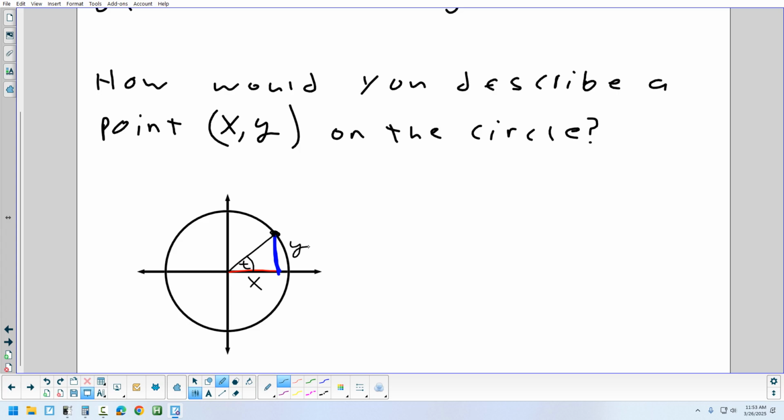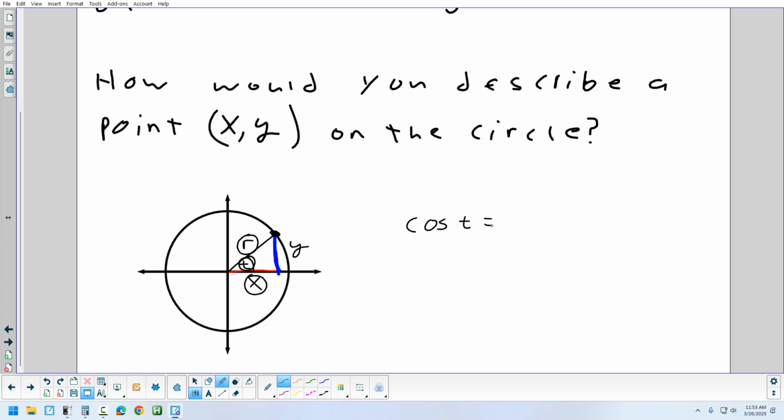and the hypotenuse. Well, the hypotenuse is like my radius in that circle. What would be a formula that would relate this angle, this side, and that side? Cosine. Yep. Cosine t equals what?